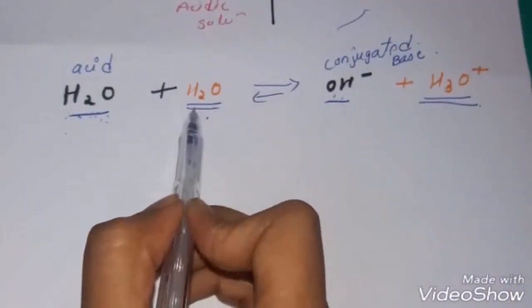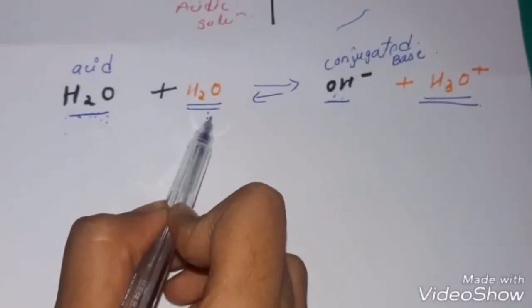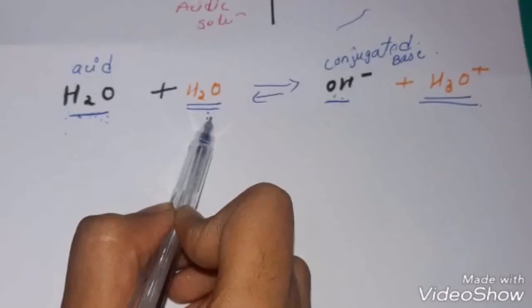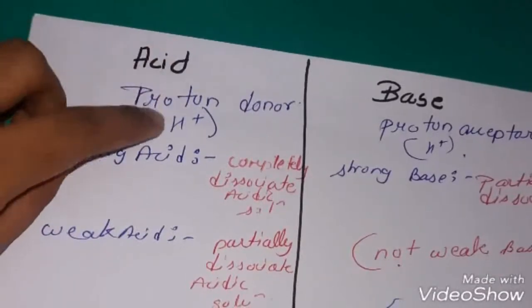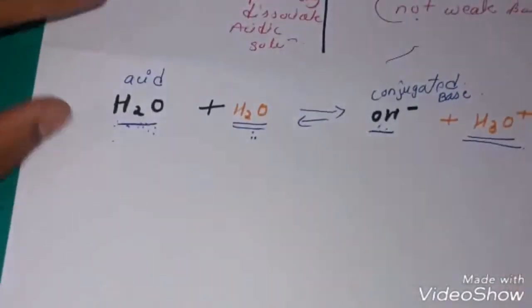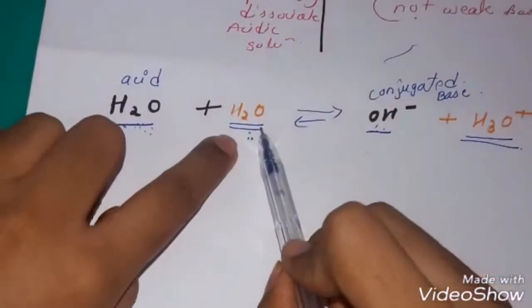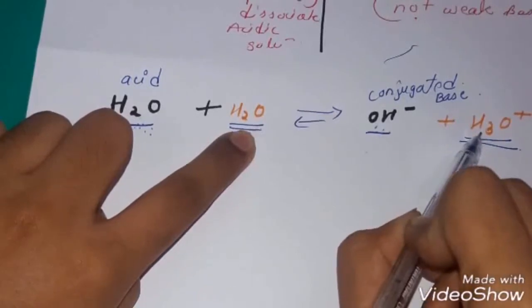Here which is highlighted with orange, the water is acting as a base. Basically it accepts proton. We have seen that acids are the proton donors, bases are the proton acceptors. So in this equation which is highlighted with orange, water is accepting a proton.